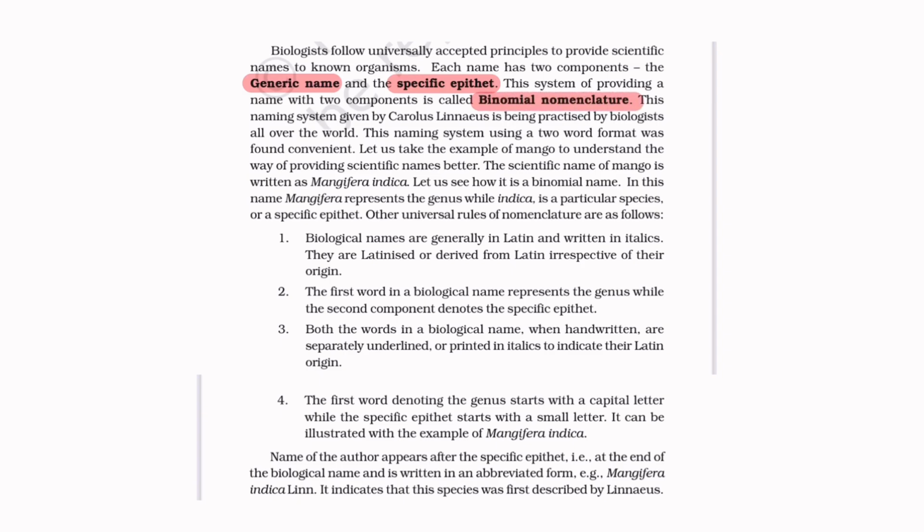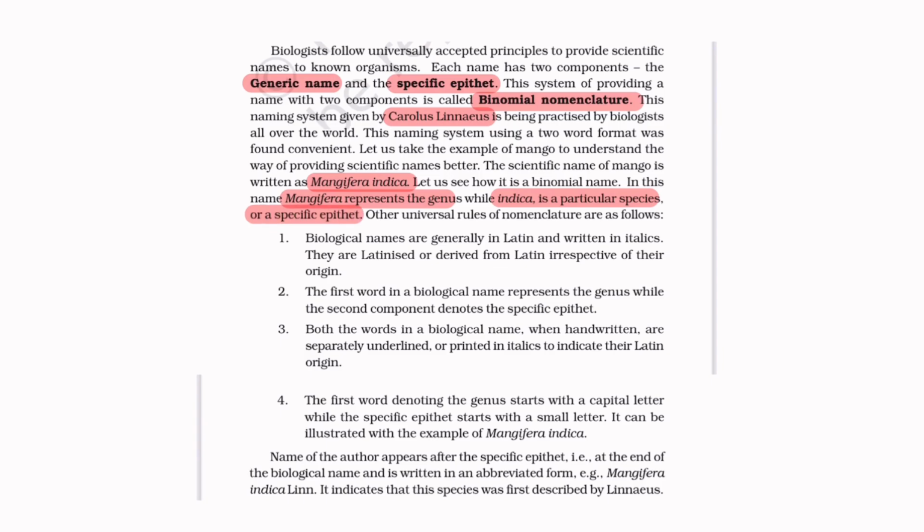The naming system given by Carolus Linnaeus is being practiced by biologists all over the world. This naming system has a two-word format, and was found convenient. Let us take the example of mango to understand the way of providing scientific names better. The scientific name of mango is Mangifera indica. Let us see how it is a binomial name. In this name, Mangifera represents the genus, while indica is a particular species or a specific epithet.